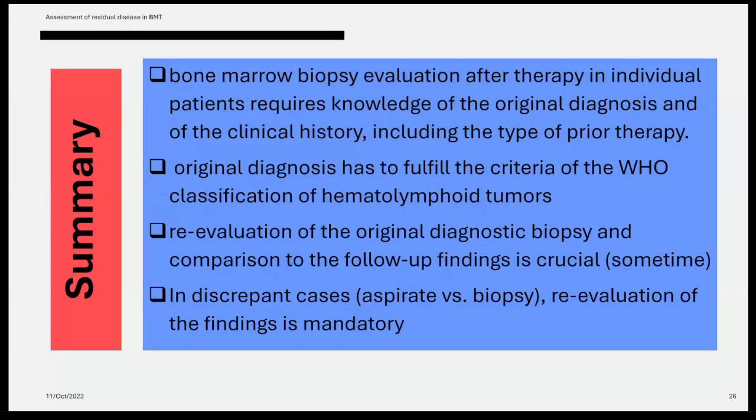So, in summary, bone marrow biopsy evaluation after therapy in an individual patient requires knowledge of the original diagnosis and the clinical history, including the type of prior therapy. The original diagnosis has to fulfil the criteria of the WHO classification of hematological tumors. Re-evaluation of the original diagnostic biopsy and comparison to the follow-up is crucial.